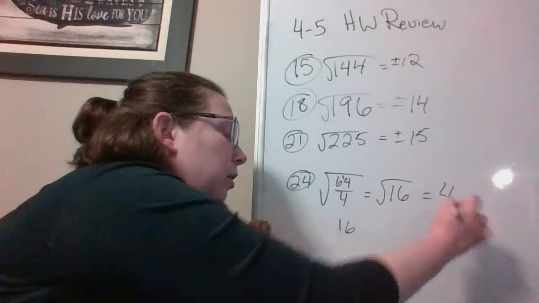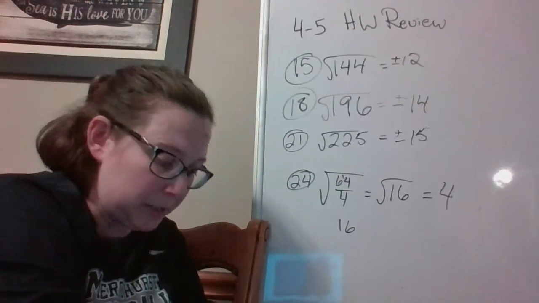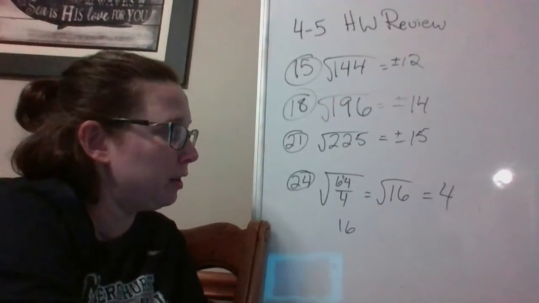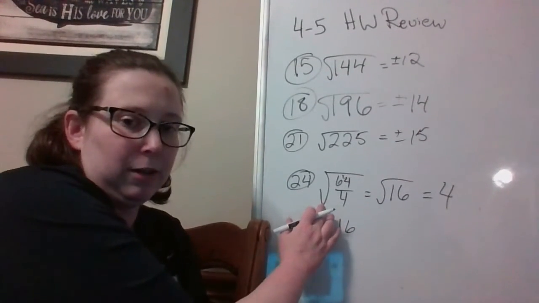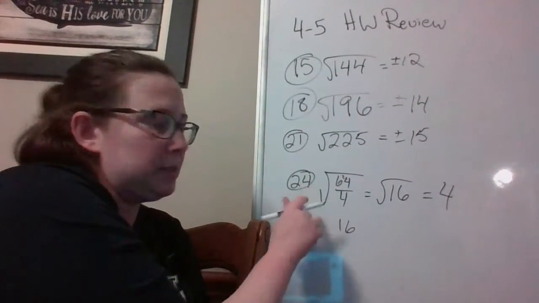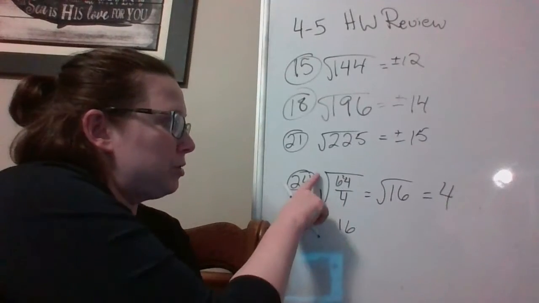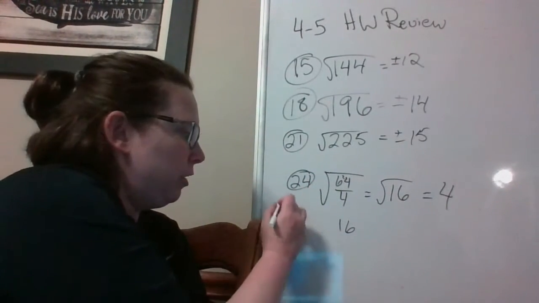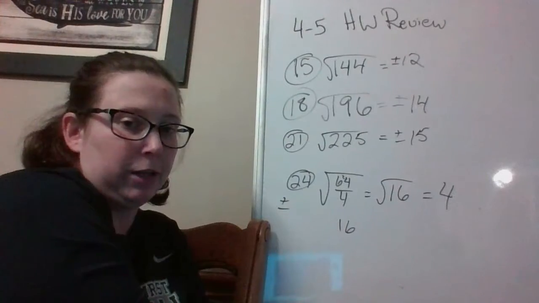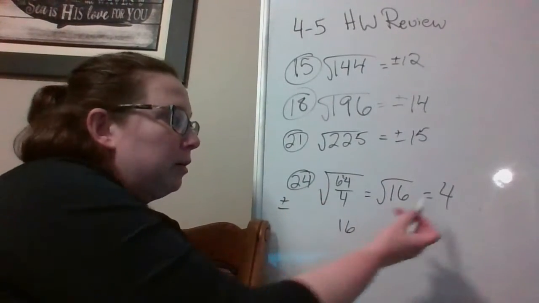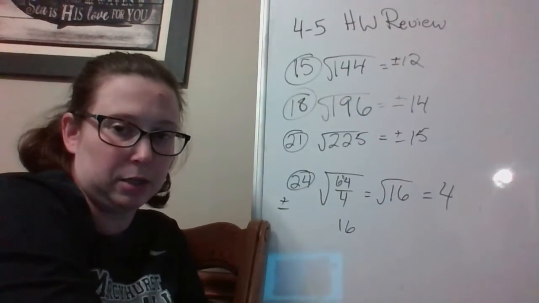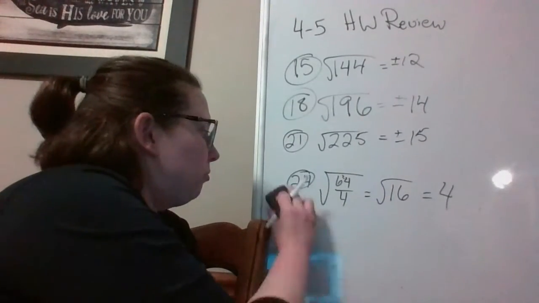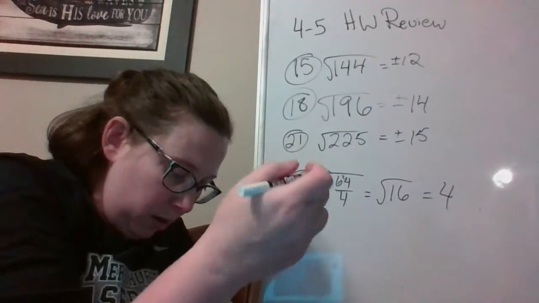We know that 4 times 4 is 16. You don't need to say both positive and negative 4 here because you're just asked to simplify this. When it doesn't say find two answers, or positive and negative, that means you can just understand it to mean they want the positive number.